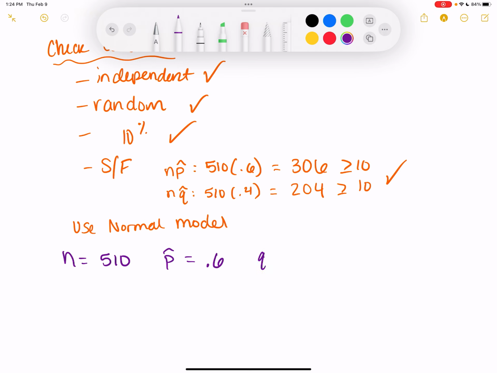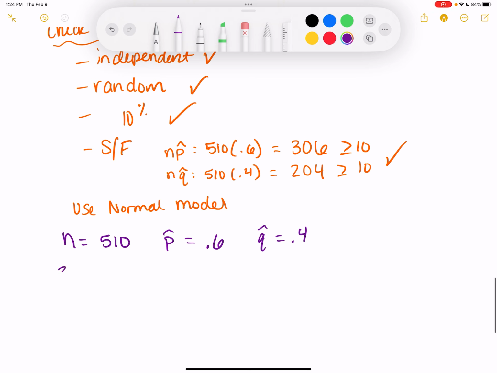So that means Q is 0.4. I need to find the standard error of P hat, which is the square root of P hat Q hat over N. So 0.6 times 0.4 over 510.